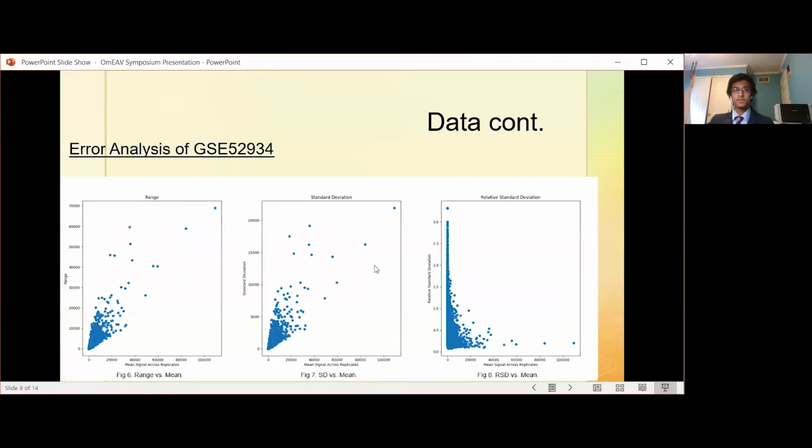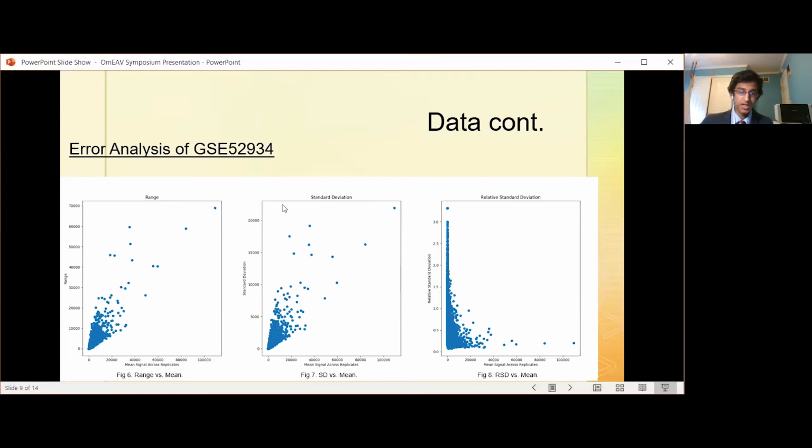And so the next thing I did was I ran the plots onto the sample sets. One example of this is the GSE 52934 sample data set. I ran all the calculations on this set, and then I plotted them.